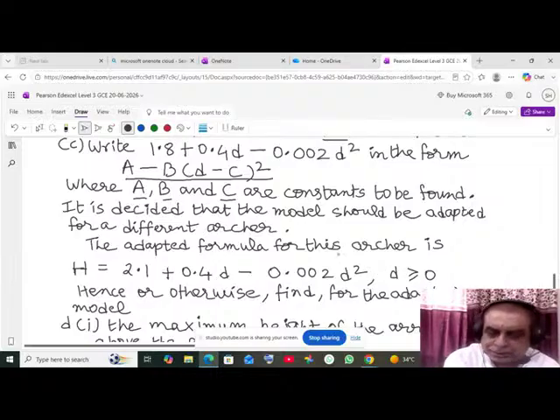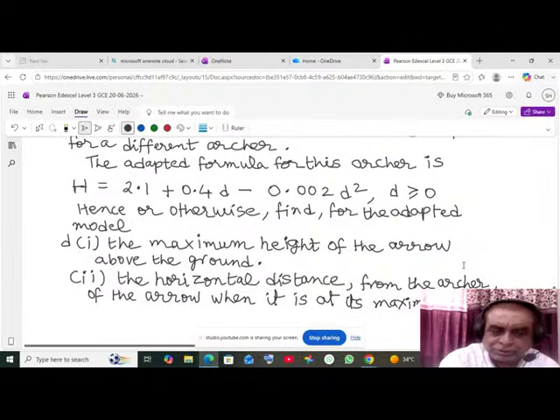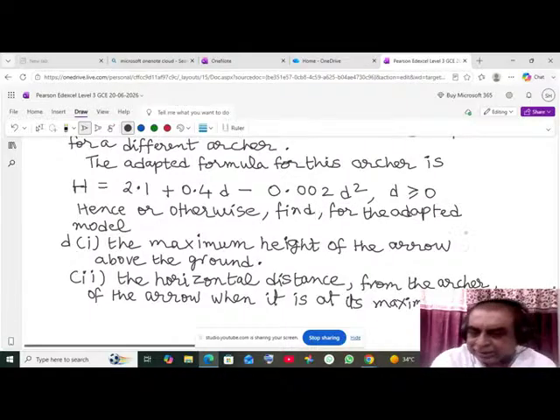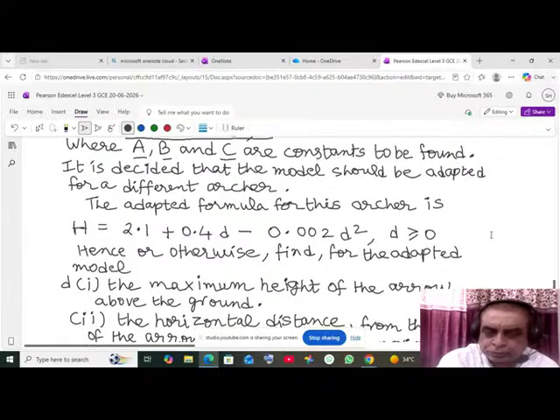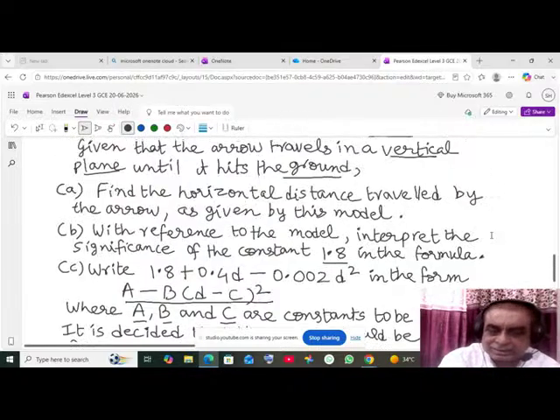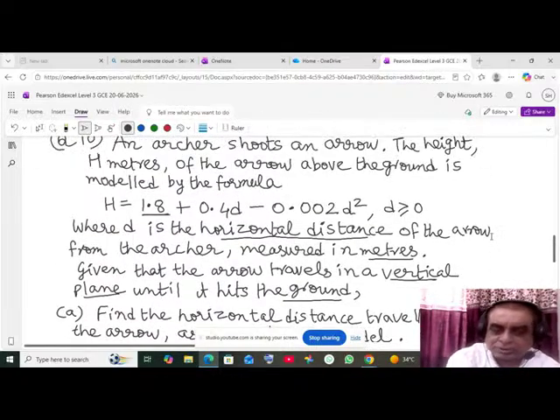The adapted formula for the new archer is h equals 2.1 plus 0.4d minus 0.002d squared, and d is greater than or equal to 0. That means in the earlier model the constant number was 1.8.